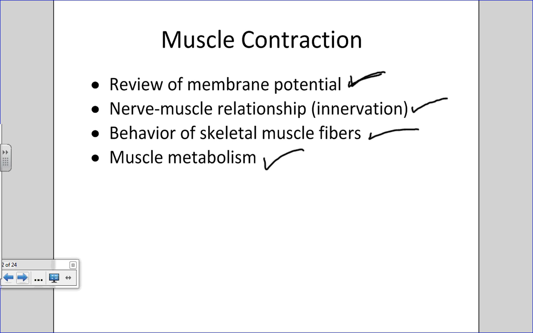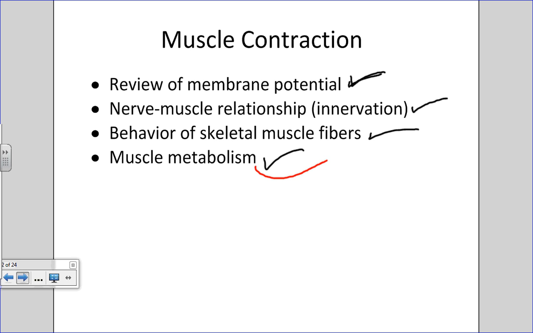And this is a very energy taxing process. Depending on time, I may not get into this in this video and do it in another one, but it's important to understand where muscles get their energy from, so they can continuously contract, whether you're trying to maintain posture or you're doing something rigorous like exercise.